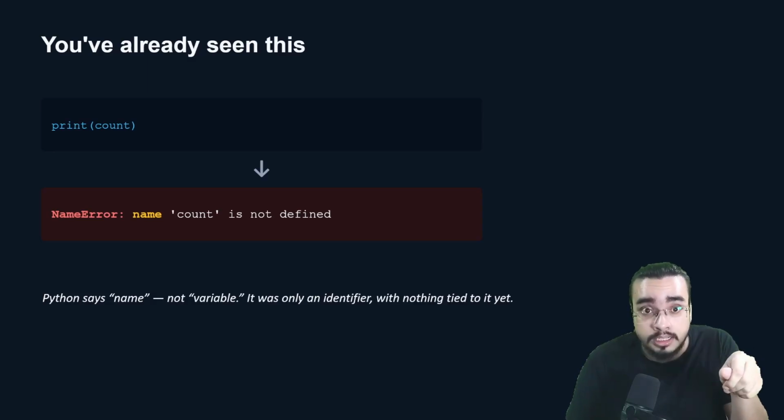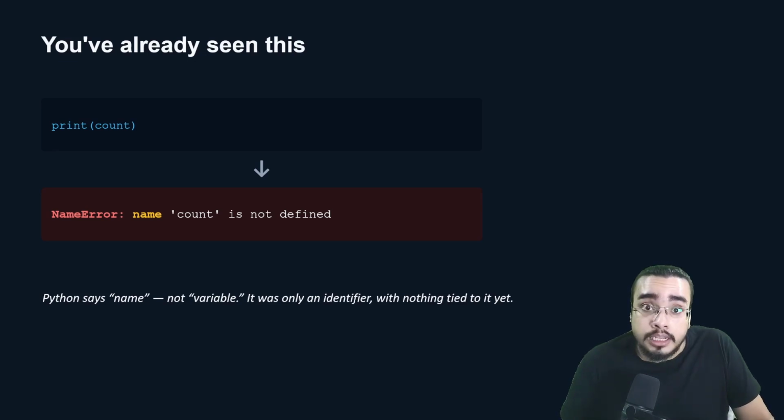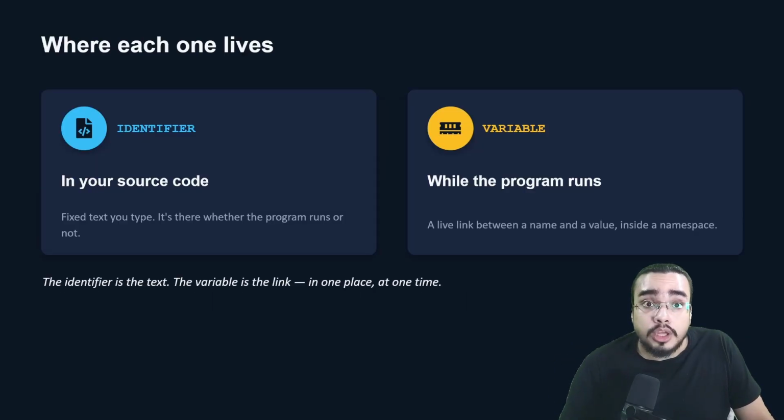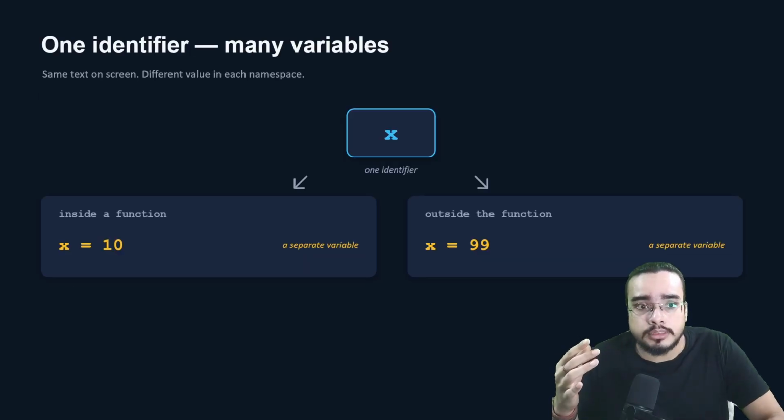It's very important. And we also have a second difference, and the second difference comes from this first difference only. An identifier lives in your code as text. A variable lives while your program runs, inside a space in Python kept for names, a namespace. This is why the same identifier can be two different variables.